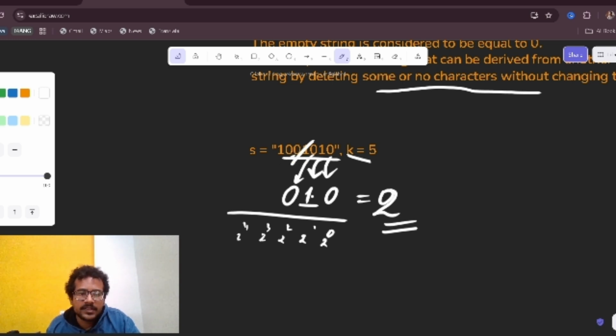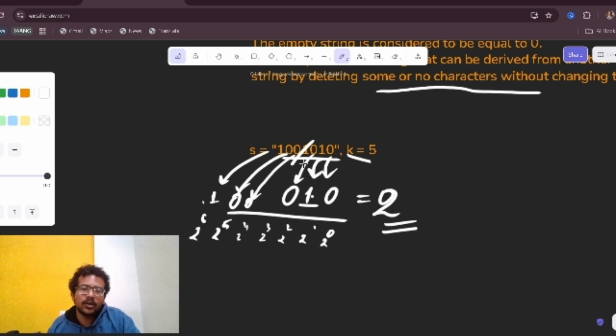Now I have this 0 at 2 power 4. 0 into 2 power 4 is just a 0. And again 0 into 2 power 5 is just a 0. Then 1 into 2 power 6: 2 power 5 is 32, into 2 is 2 power 6, which is 64.